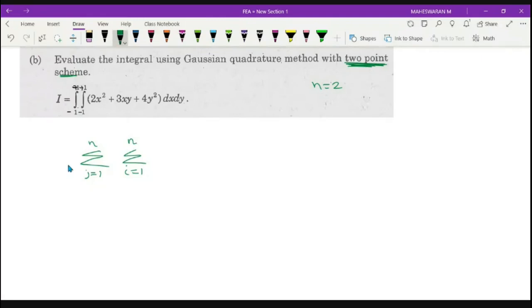And we have to represent w in terms of i comma j and f also in terms of i comma j. This is your function. Here there is 2, so this is 2, this is 2. In that case, what will be my equation?